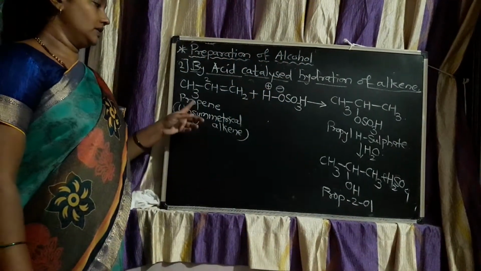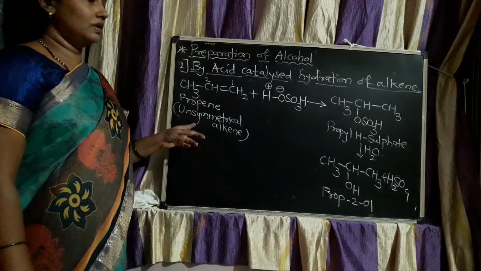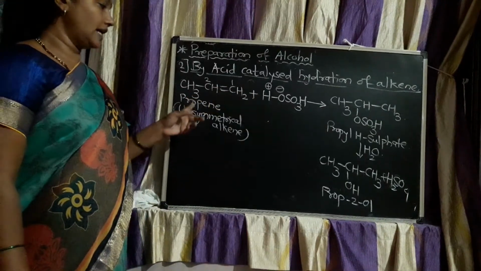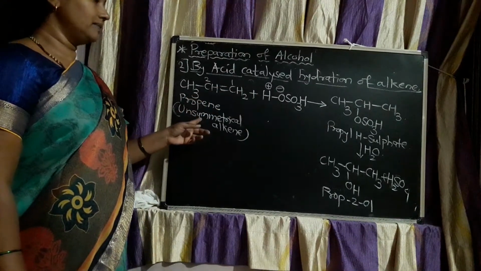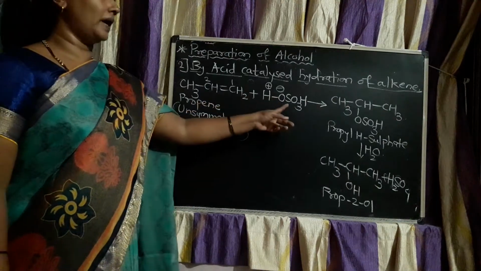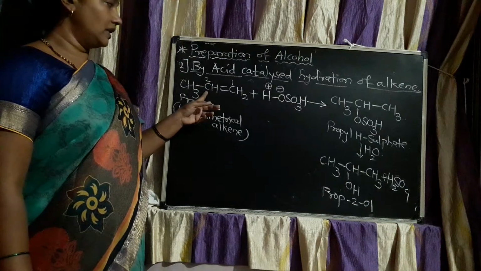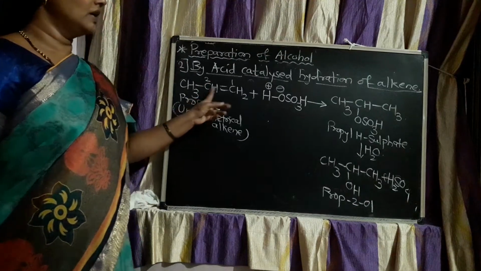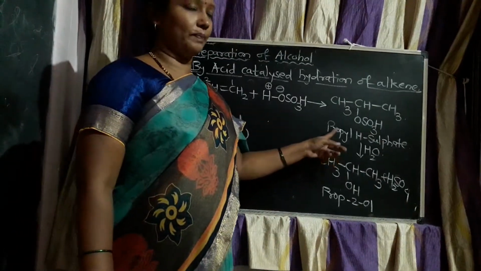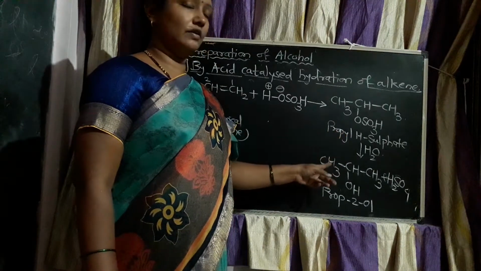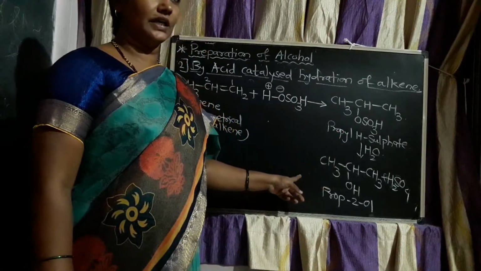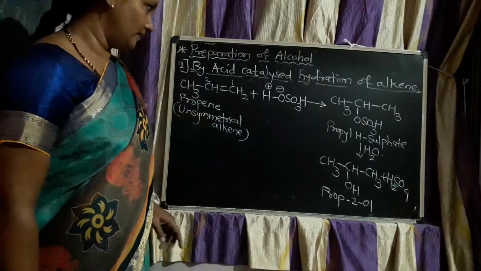Now according to Markovnikov's rule, when the sulfuric acid is added to the unsymmetrical alkene, the negative part is added to that carbon atom which has the lesser number of hydrogen atoms. Then first it forms propyl hydrogen sulfate, which on hydrolysis gives the secondary alcohol, that is prop-2-ol.